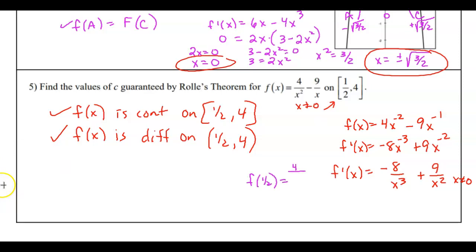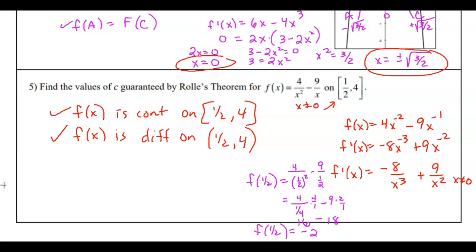So it's 4 over 1/2 squared minus 9 over 1/2. So 4 over 1/4 multiplied by the reciprocal, so that's 16, minus 9 multiplied by the reciprocal, so minus 18. So negative 2, so f of 1/2.